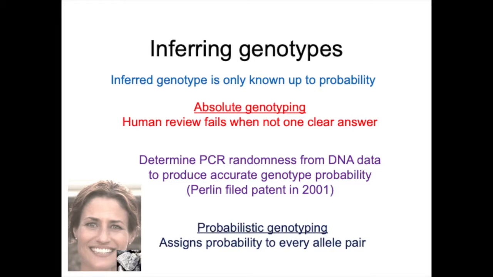Now, according to the science, not how people might try to solve the problem, the right way to infer genotypes from data is to say, well, anything's possible, but the data are telling us what the probabilities are. That's the science. But what was done, and is still done by most labs, is more of an absolute type of genotyping.